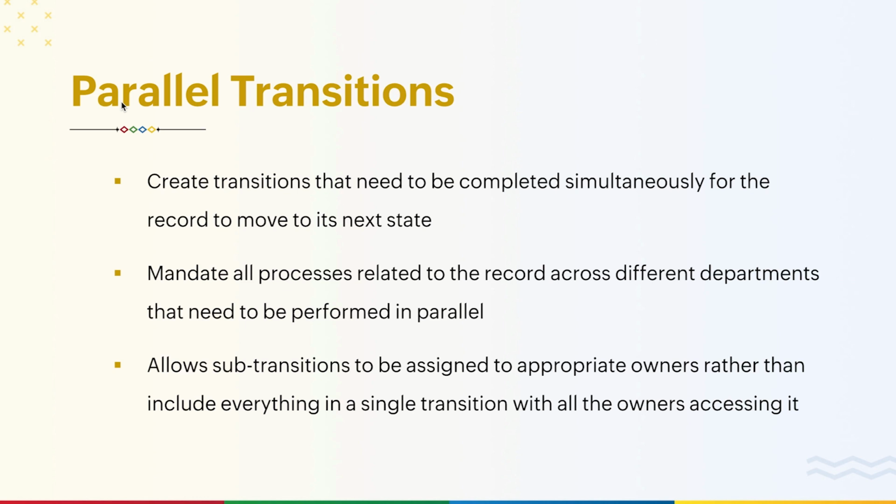Parallel transitions allow sub-transitions to be created within a parent transition, and it allows individual criteria and individual transition owners to be assigned to each of these sub-transitions. It provides a clear distinction of processes and also subsequent record details that need to be updated, all of which can now be done side by side before the next state is reached.